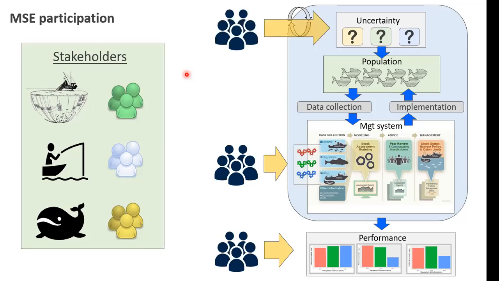And then definitely in determining the different types of uncertainty that might exist in the population. I think this is particularly important because stakeholder groups typically have a really different experience than the people who are developing the models. So I think this is a really important participatory component here.